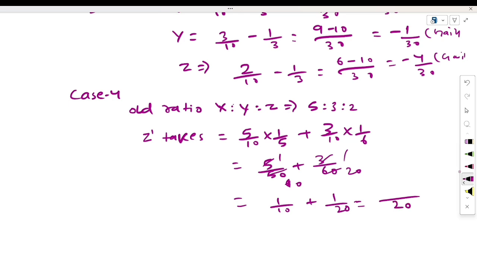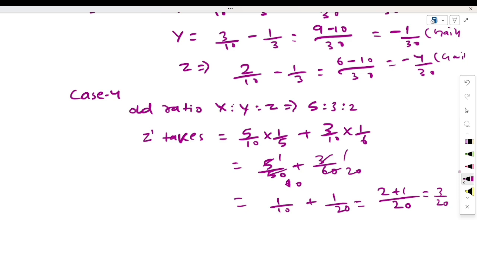What would be the LCM here? 20. It means 3/20. This would be the Z share that Z will take from X and Y.